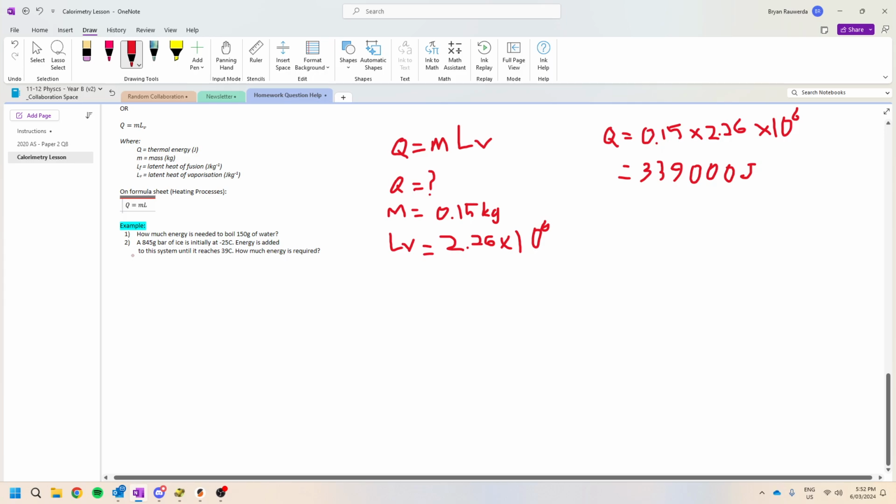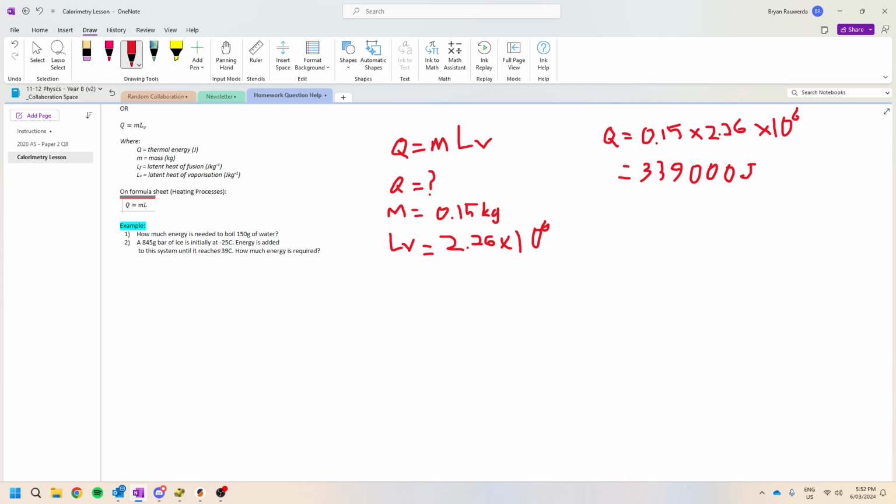So that's 1. 2 is a little bit different. I'm not going to do all of 2, but basically 2 is an 845 gram bar of ice, initially at negative 25 degrees. Energy is added until the system reaches 39. It's a tiny question, but it's got multiple parts, because we have to recognize that we are using specific heat capacity, so Q equals MC delta T, and we are also using specific latent heats, Q equals ML.